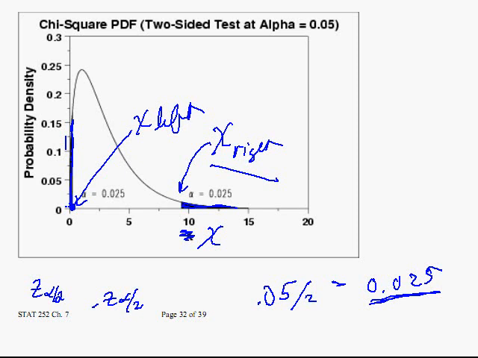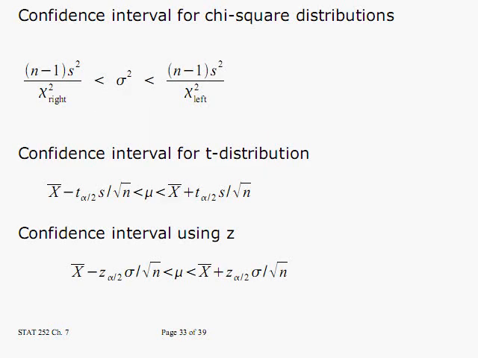There is a big confusion in the chi distribution concerning alpha. Look at this graph right here. They say alpha is 0.05, and then down here they say alpha equals 0.025. They're very free with the letter alpha, so be careful of that. I'm going to show you first the equation for the interval.